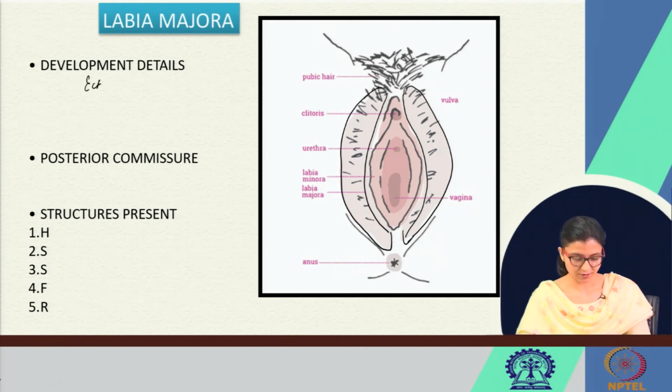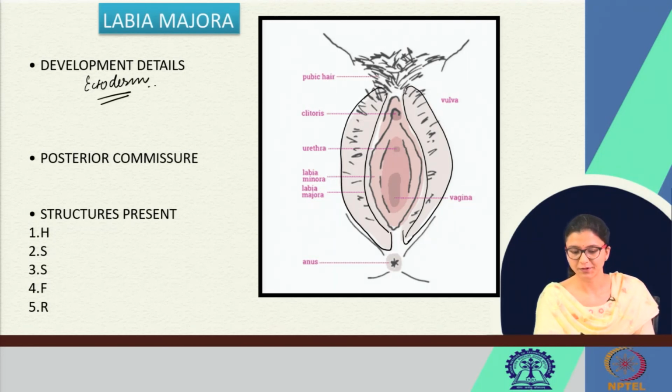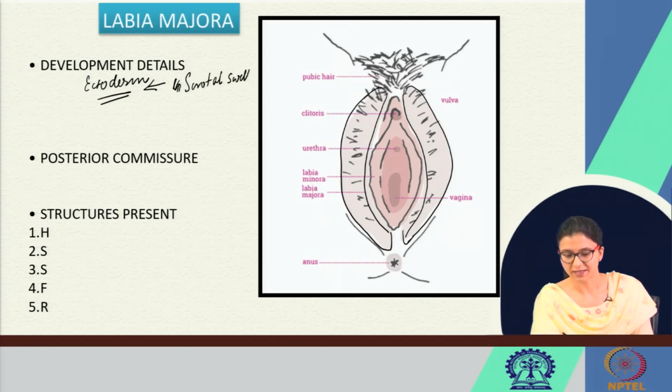Sorry, that was labia minora, this is labia majora. Labia majora developing from the ectoderm, and it is homologous to scrotal swelling in males, actually developing from genital swelling.